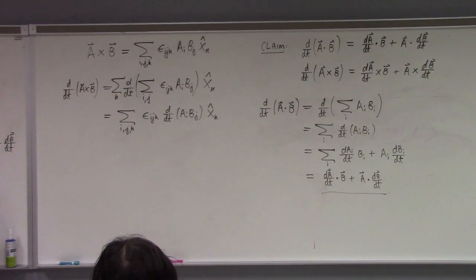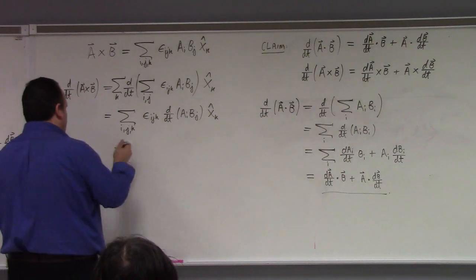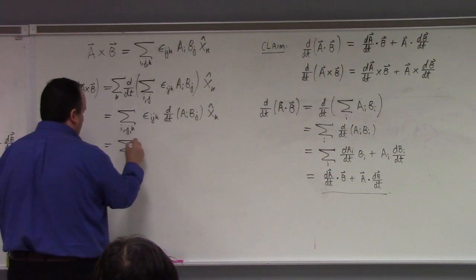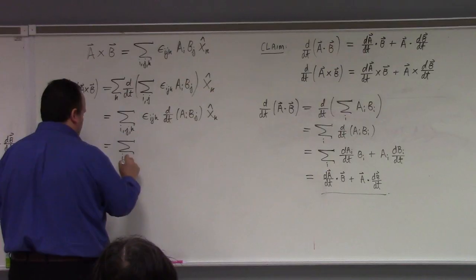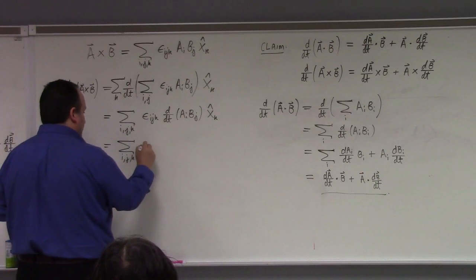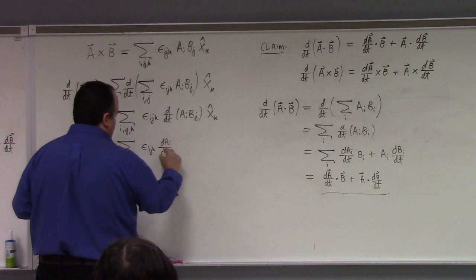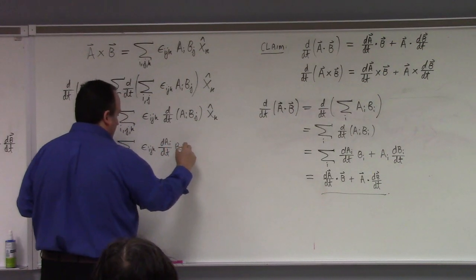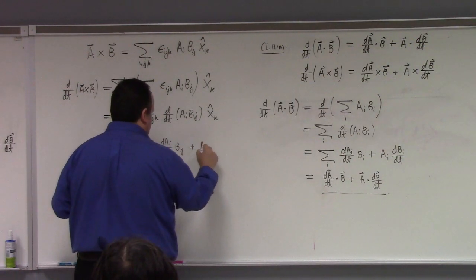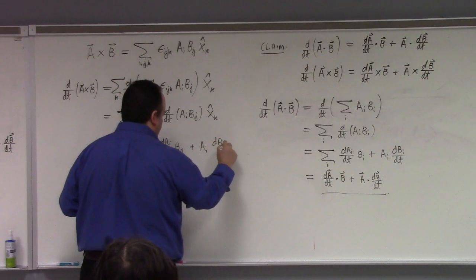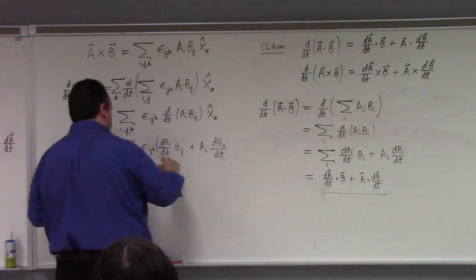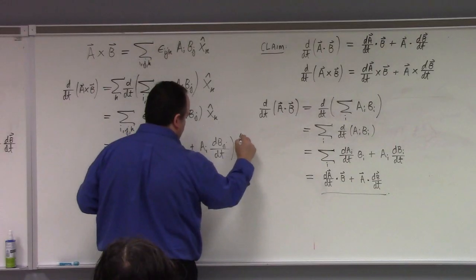But you know the deal. Now we're at the derivative of a product of scalar functions. We know the product rule. So lo and behold, we've got the sum over i, j, k of epsilon_ijk (dA_i/dt B_j plus A_i dB_j/dt) x-hat_k, right?